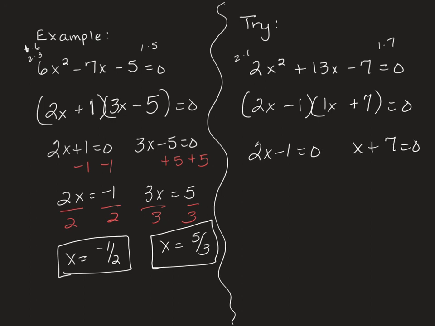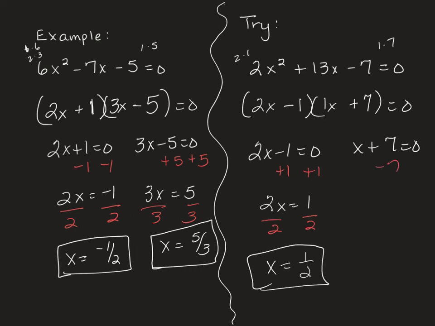And then we're going to solve, add 1, divide by 2. x equals 1/2. There's one answer. Then we're going to subtract 7 off of this one. x equals negative 7, and there's my second answer.